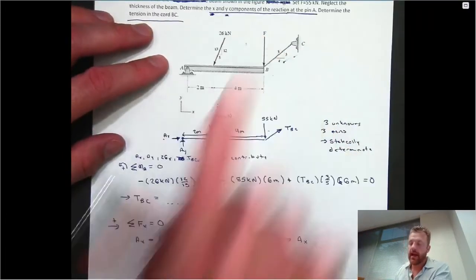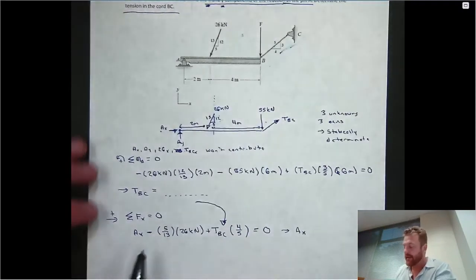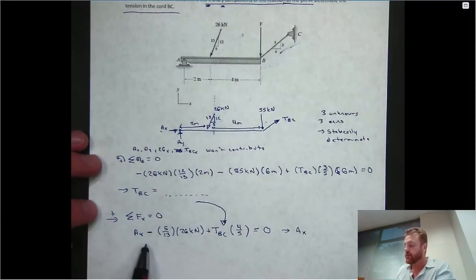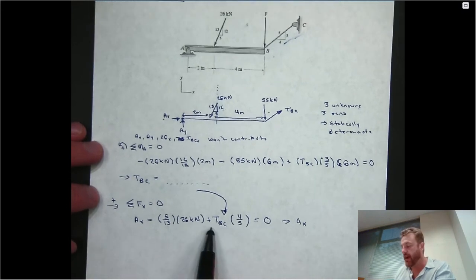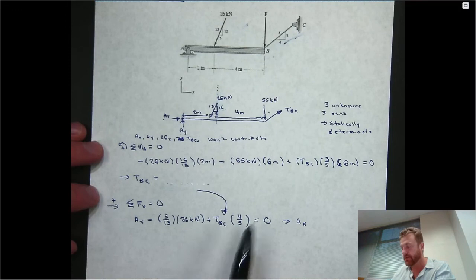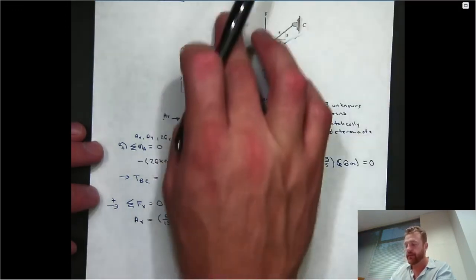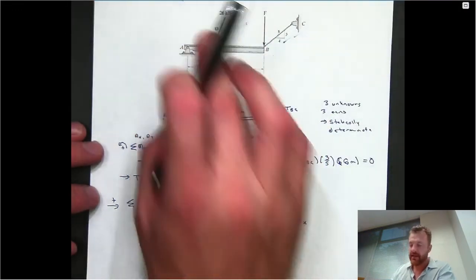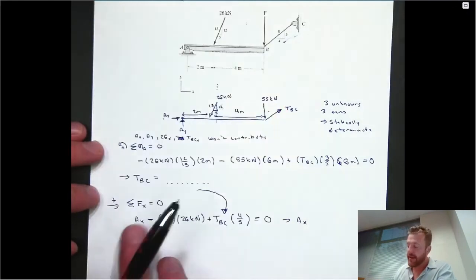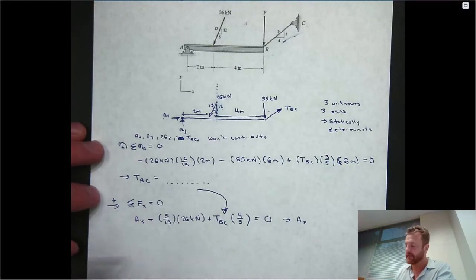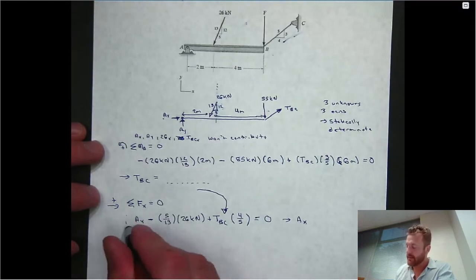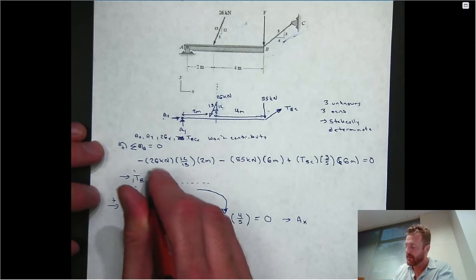Once you determine that, then what this equation is saying is that AX is going to counterbalance whatever the remaining portion of that 26 kilonewton force, its X component, wasn't picked up by the cable. So this is how much the cable is picking up to pull it back to the right. The 26 kilonewton force has a component pushing it to the left. The X component of A is just going to take care of whatever the X component of the tension didn't take care of. So that's how you get AX. So we can solve for AX from there, and we can solve for TBC from here.